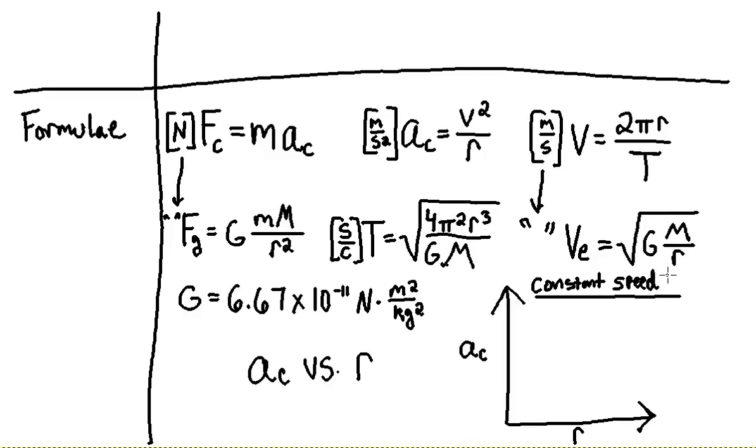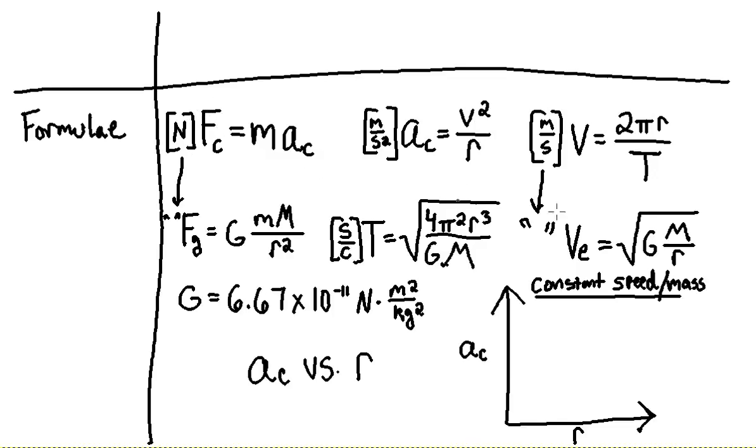Now, if this one's throwing you off, you could, I guess, factor in mass here. The mass of the object will have an effect. So we could also say at a constant mass, because if that object's mass changes, it's going to have more inertia, and that will have an effect on the rate at which it changes its position, because it's going to have more of an inclination to remain in a straight line rather than be curved around by the centripetal force.